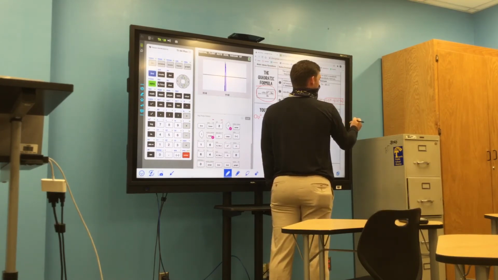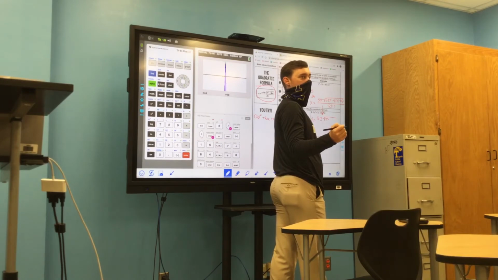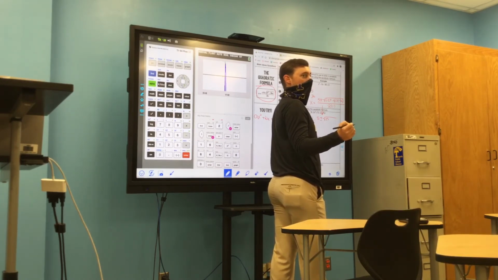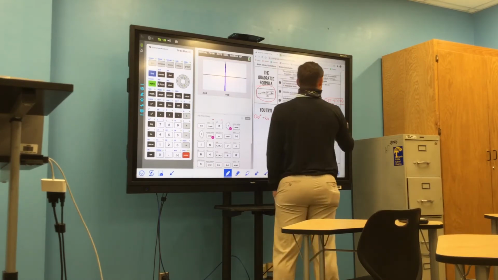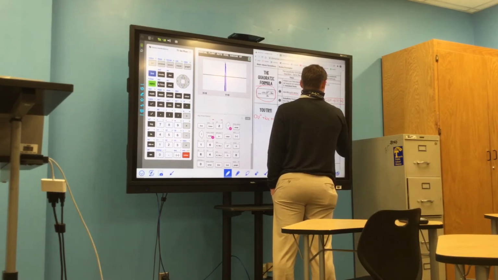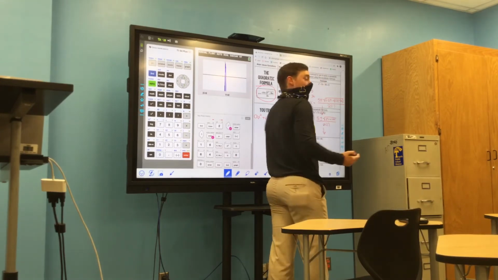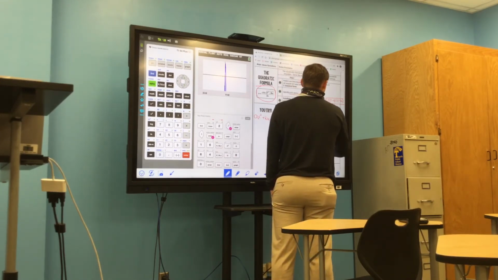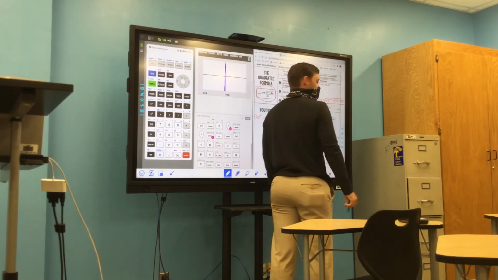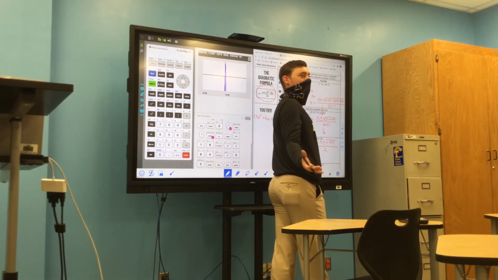Somebody just plug it in the calculator. 144. So 25 plus 144, over 2 times 1, which is just 2. So what is 25 plus 144? 169, over 2. That might be as far as it takes it there.